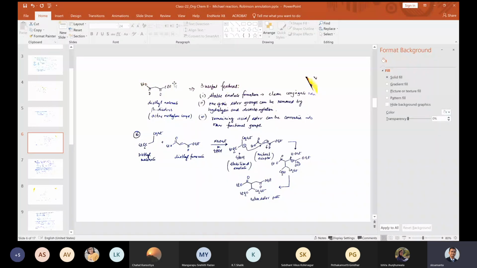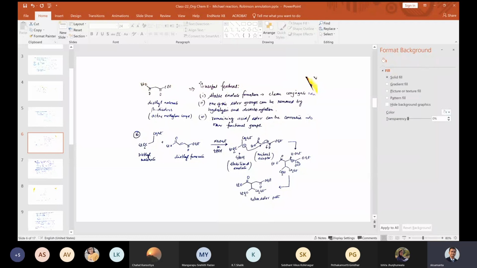There could be 2 CN, 2 COOEt, 2 COCH3, many different possibilities. We have already learned those before. Okay. So this compound has the name diethyl malonate.